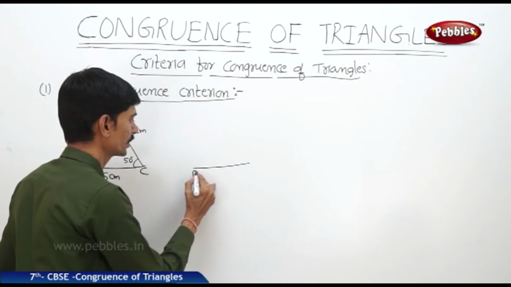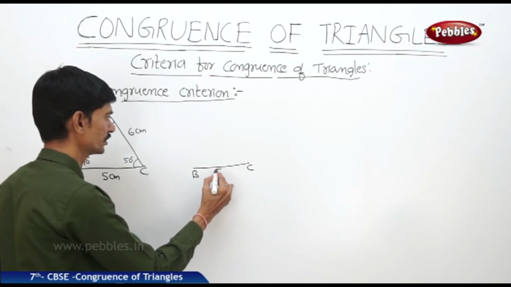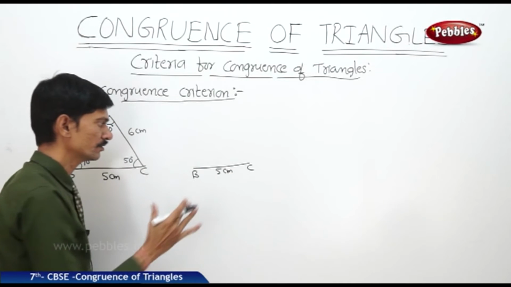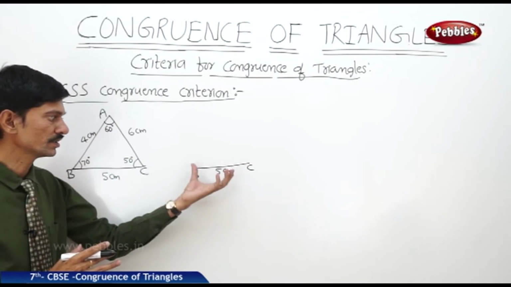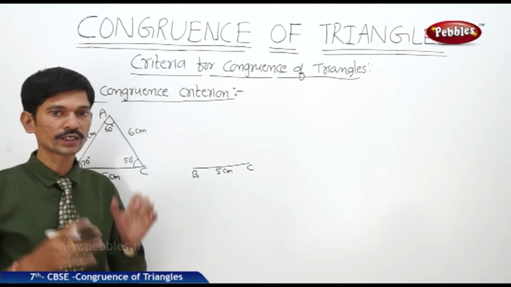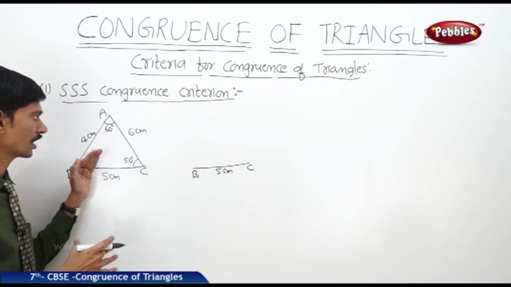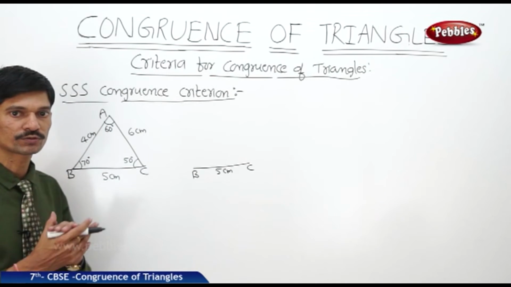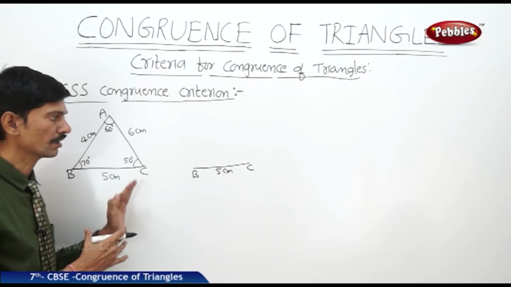By taking only BC as 5 centimeters as the base, how can you draw a copy of the given triangle ABC, that is, the congruent triangle of ABC?